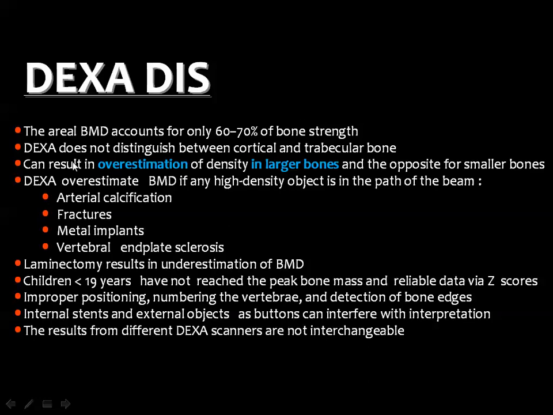And DEXA does not distinguish between the cortex and the trabecular bone. It can result in overestimation, especially in larger bones, and of course in smaller bones it may result in underestimation.